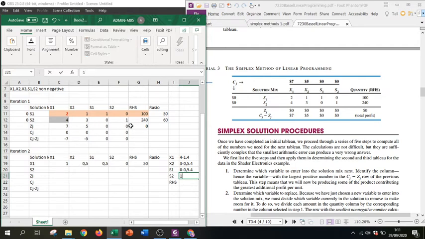1 minus, this is 0 times 4, and the last, this is 240 minus, this is 50 times 4, yeah, and we can find with the formula, this is from this minus this and equals from it, we can choose CTRL.